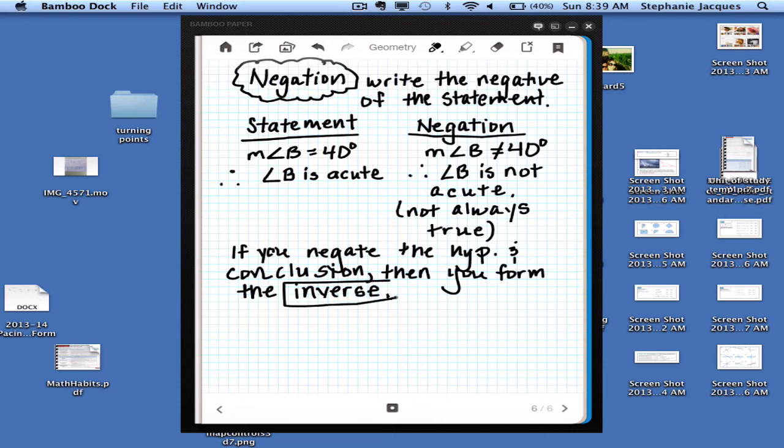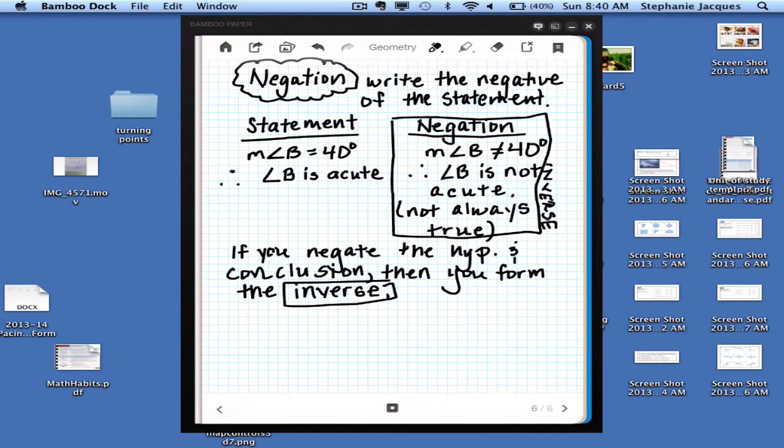So basically up here we would say this whole section here is an inverse. It's a negation, but we're negating both parts, so it's considered an inverse.